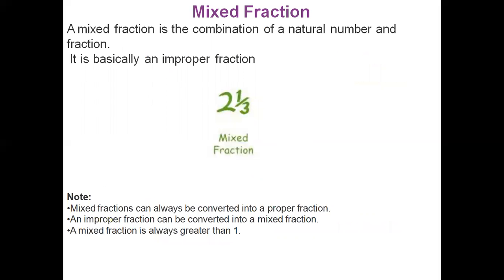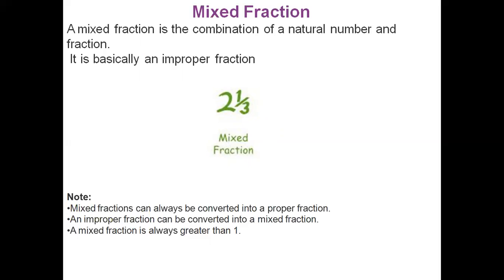Let's start with mixed fraction. A fraction that is a combination of a whole number and a proper fraction is called a mixed fraction. All the improper fractions can be written in the form of mixed fractions. As you can see in the example, 2 whole 1 by 3. So here 2 is a whole number and 1 by 3 is a proper fraction.